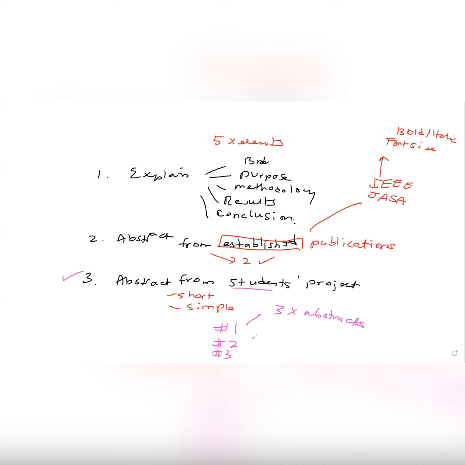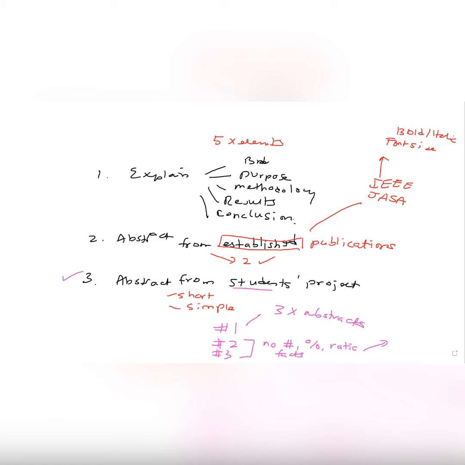Now, in abstract number 2 and number 3, we know the numbers, percentage or ratio or facts on the result.